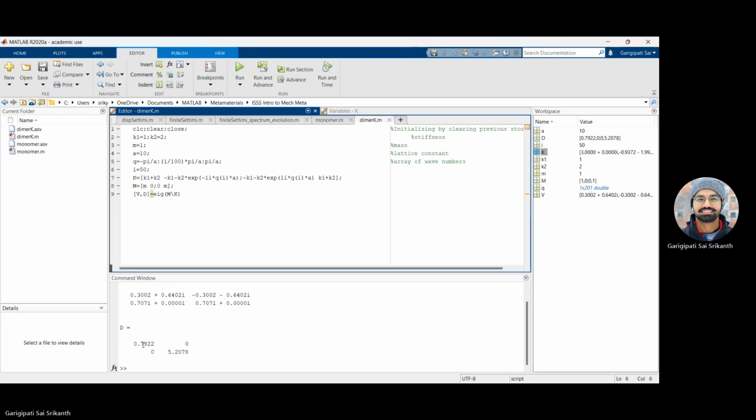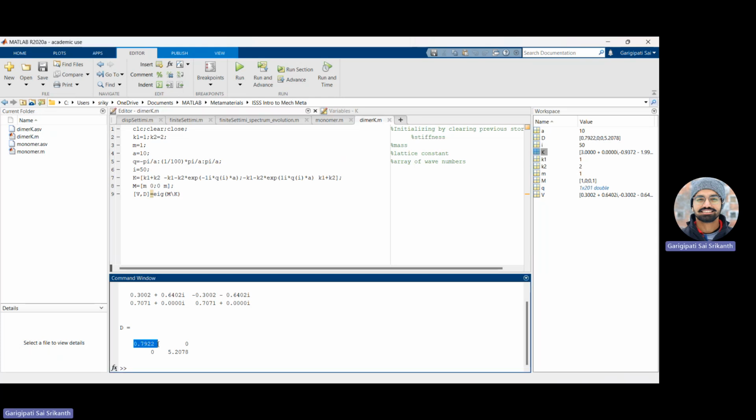Yeah, D is the diagonal matrix where the entries are your eigenvalues. These are the eigenvectors.